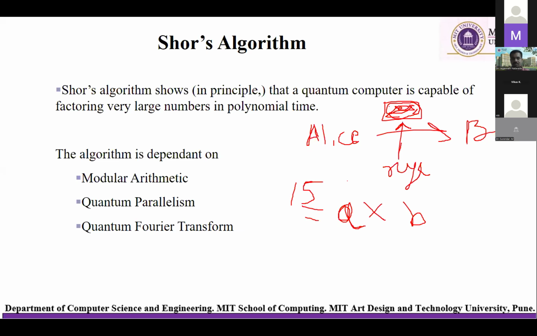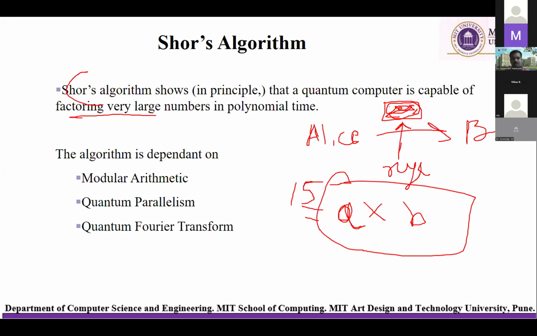If we are able to identify the factors of this 15, like 5 and 3, then we can say that this particular message is one from 5 and 3. One will be the original message and the second will be some values which are combined with the original message. Similarly, the same concept we can use here, which is explained by Shor.